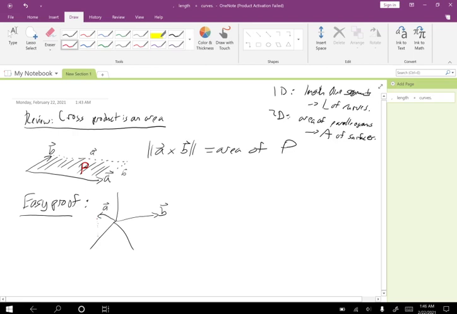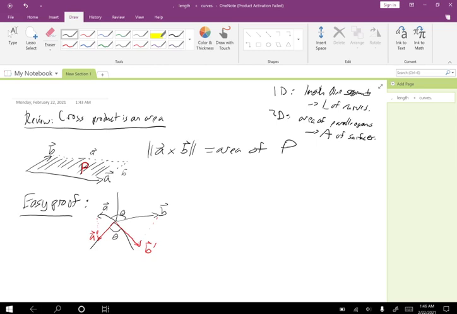We'll create two new vectors, A prime and B prime, which share the same area and the same angle theta between them, because rotations preserve angles and areas.